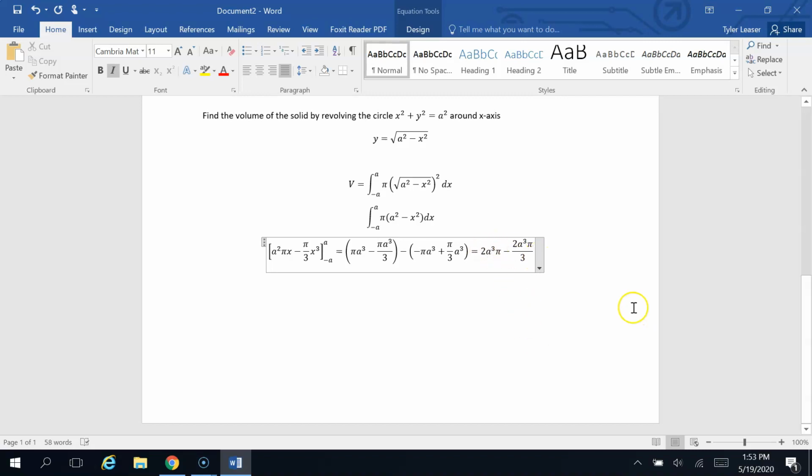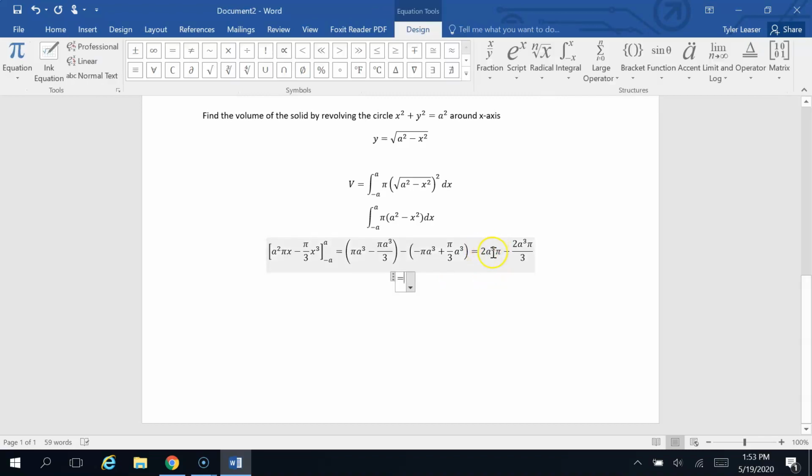Now we can combine these together. To make the first one a fraction over 3, I'd have to change it to 6 a cubed pi over 3 minus the 2 a cubed pi over 3. And now that they're like fractions, we can just subtract the numerators. 6 minus 2 is 4 a cubed pi over 3. And I think that's right now.